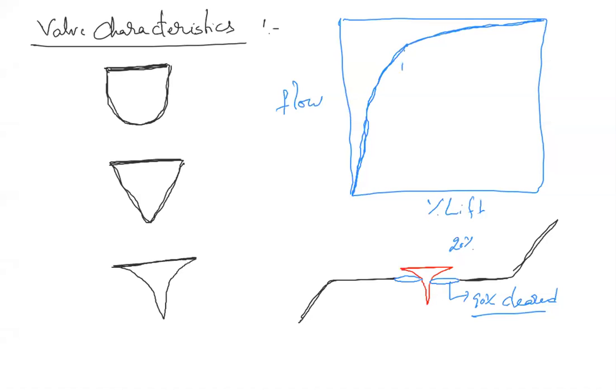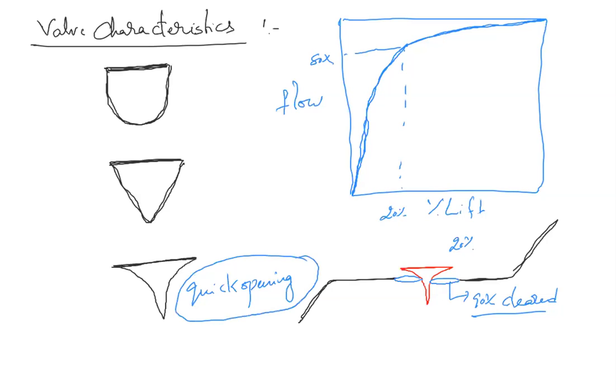By 20% opening, you got almost 80% of the flow, because the stem is designed like this. So this is called quick opening type of valves.